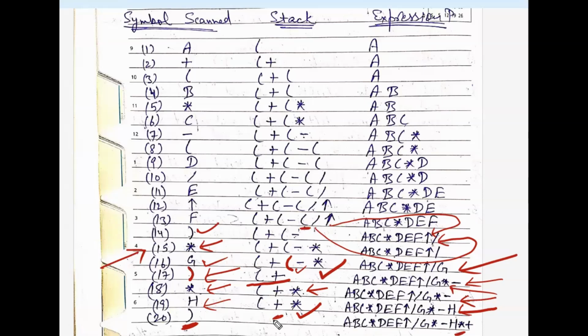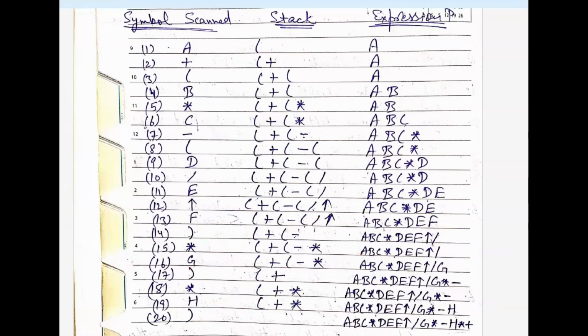Then plus is popped and added at the end of the postfix expression, and this left bracket is encountered with the right bracket, and they both are discarded. Now stack became empty and we got our final postfix expression. So this is our final postfix expression for the given infix expression.